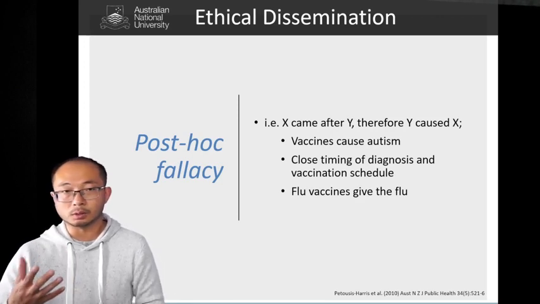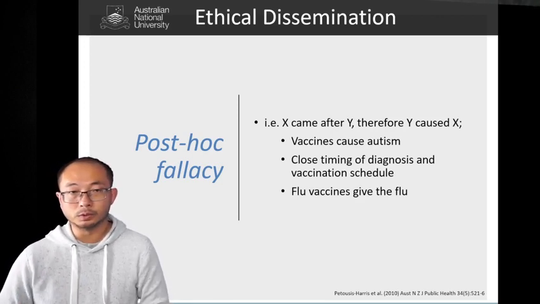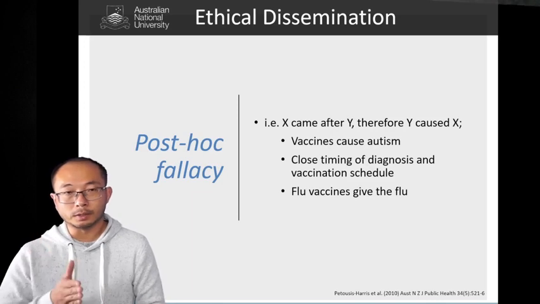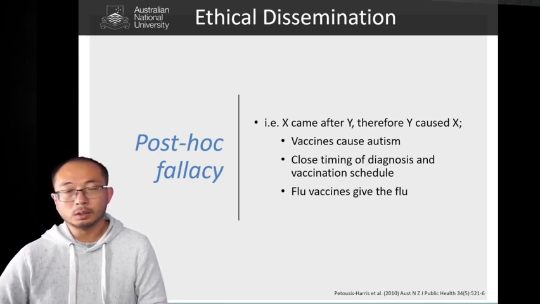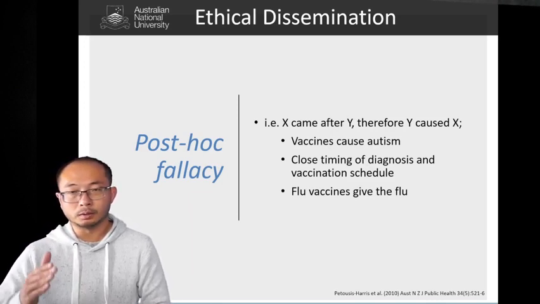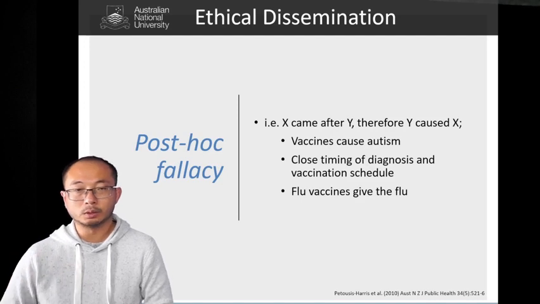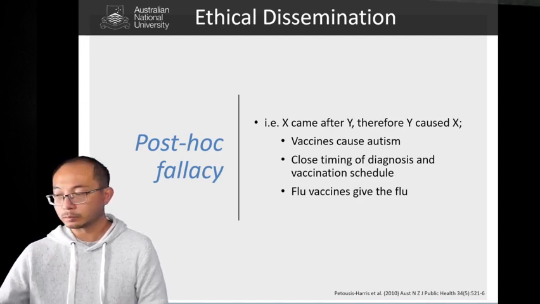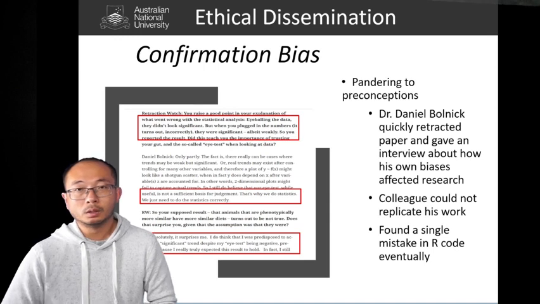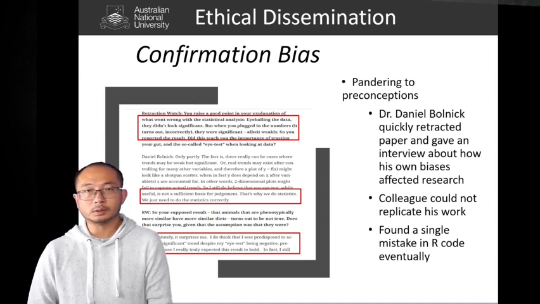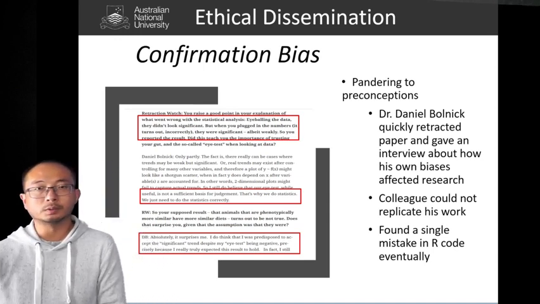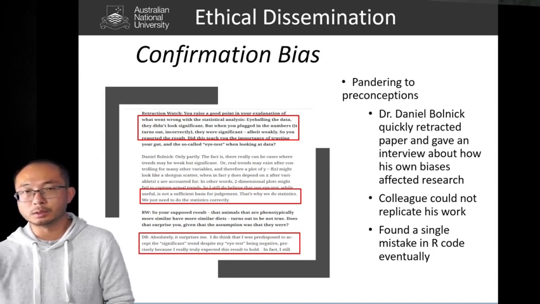This can happen in research when events come close together, and researchers jump to that conclusion. The other one that's also really, really common is confirmation bias.